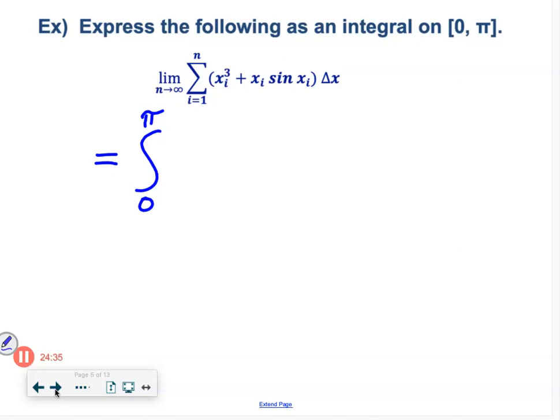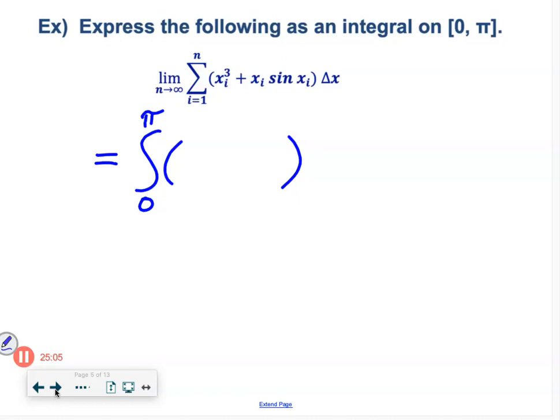Okay, we need a function. What are we finding the area under? In this problem, they're not doing it by plugging left endpoint plus width times i into a function. They're just saying x sub i. So they're saying, hey, take the limit as n approaches infinity of the first x cubed plus the first x times sine of the first x. And then if i is 2, the second x, whatever that happens to be, right?